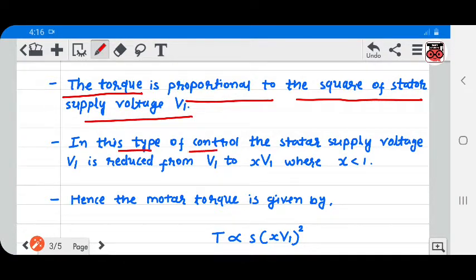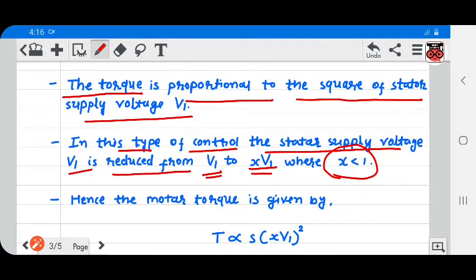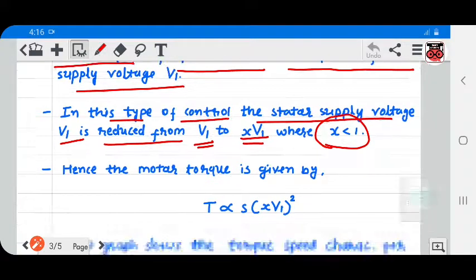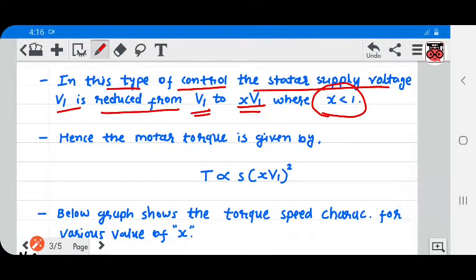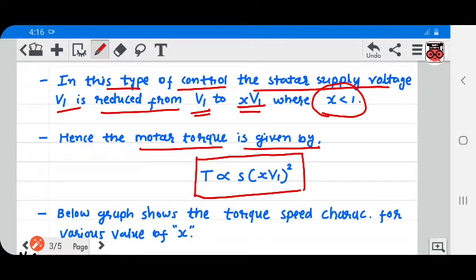In this type of control, the stator supply voltage V1 is reduced from V1 to XV1, where X is less than 1. Hence, the motor torque is given by T proportional to S, that is slip, into (XV1) square.